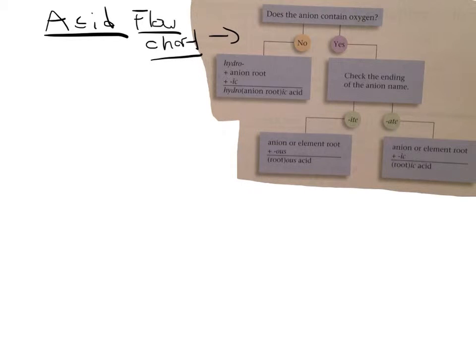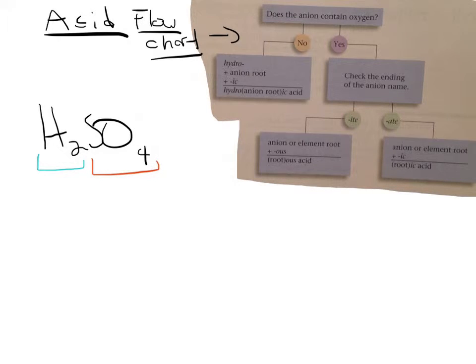And let's take a look at the acid on the front of the video, H2SO4. So let's follow the flow chart here and see if we can give it a name. Does the anion contain oxygen? If we split this up into two parts, this is the cation and this is the anion. So the anion does contain oxygen. So that's yes. So we go down here.